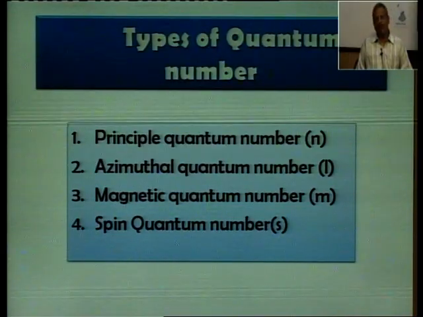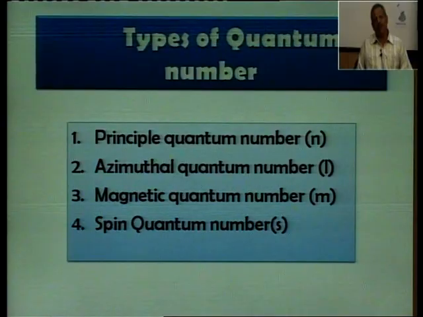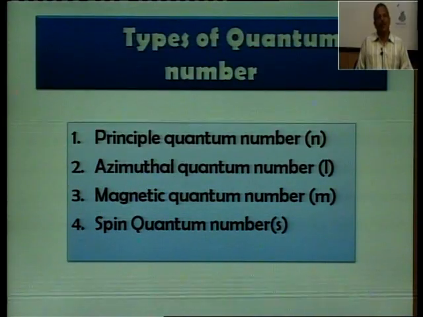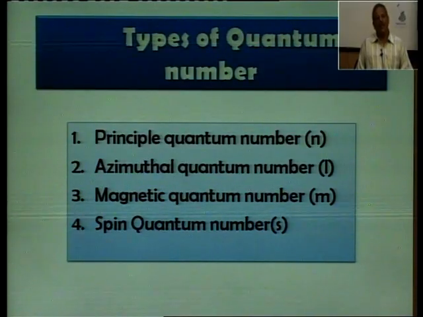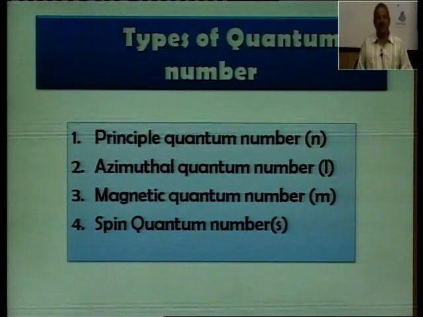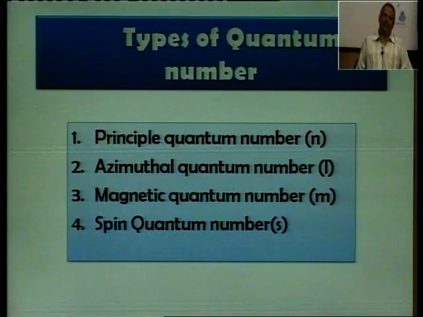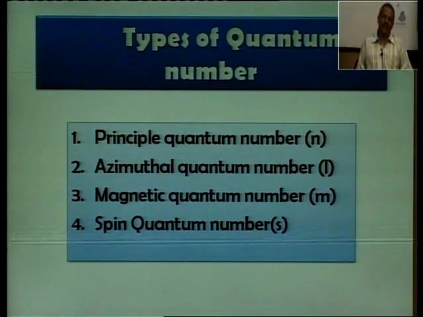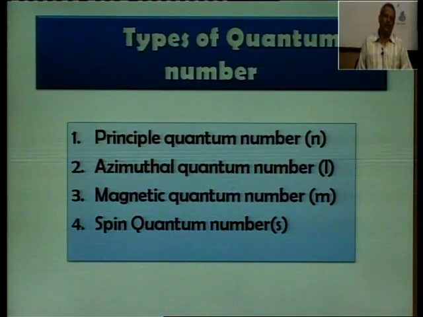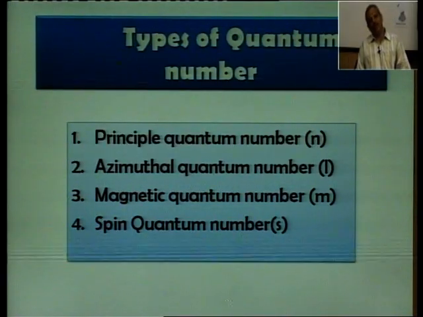The azimuthal quantum number tells us the sublevel present in the main energy level. It is designated by l, and it has values from 0 to n minus 1.